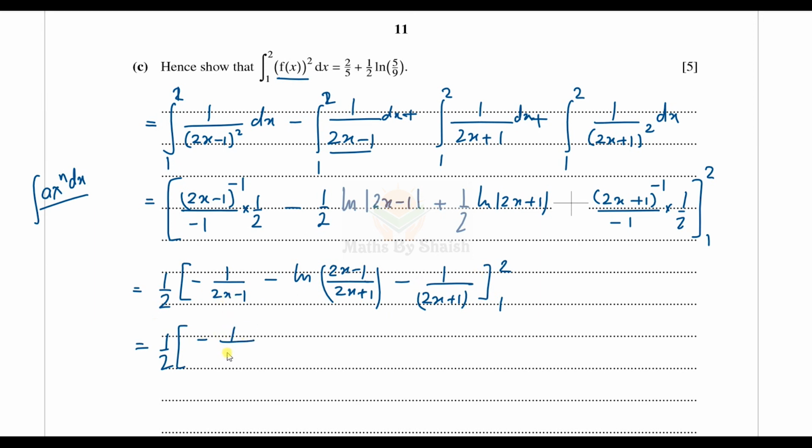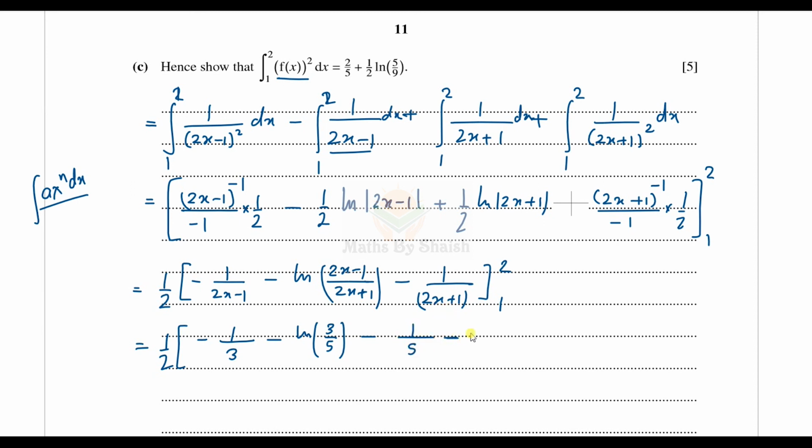Now we'll put the limits, 1 over 2, and the upper limit will give minus 1 over (2 times 2 is 4, minus 1) 3, and minus ln of (2 times 2, 4, minus 1) 3 over (2 times 2 is 4, plus 1) 5, 3 over 5, and minus 1 over (2 times 2 is 4, plus 1) 5.